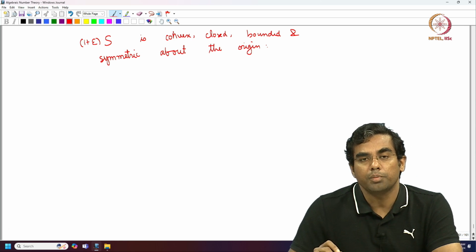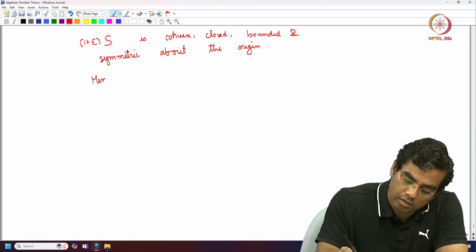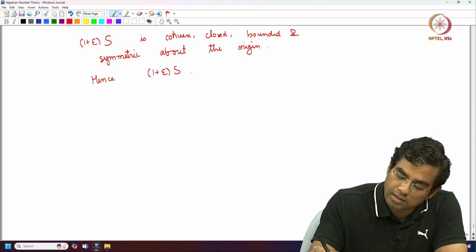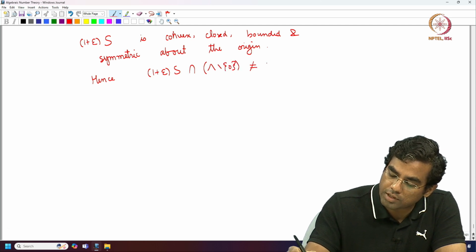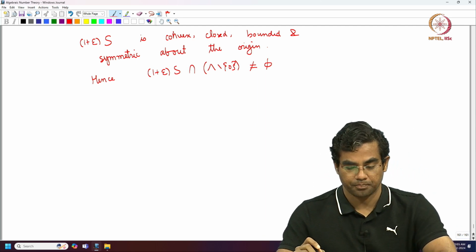So, it has all the properties that S had, which means 1 plus epsilon S intersected with lambda minus 0, this set is non-empty, right, by what we have proven before in the first case. Okay.